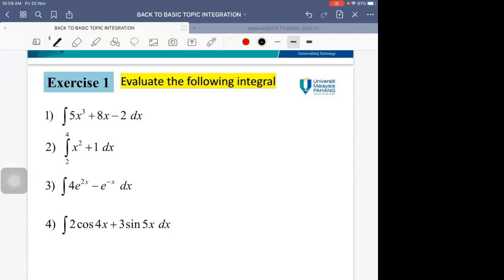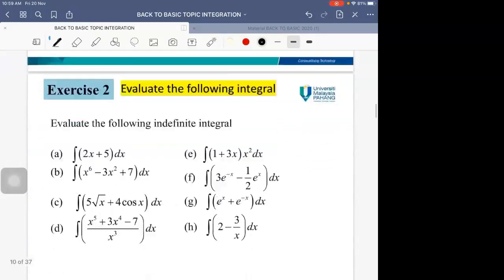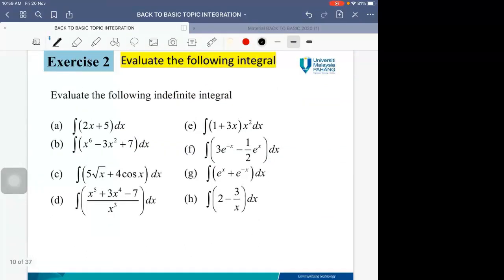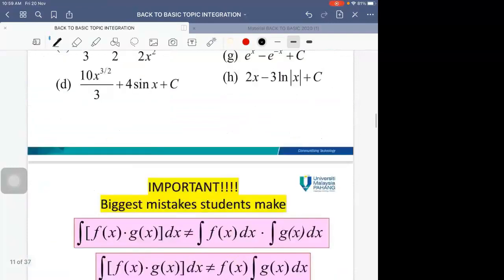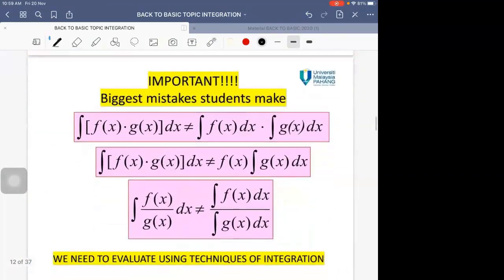This is very straightforward, just an exercise for you to recall your understanding of integration. I also give you another exercise, together with the answer. You may download these materials from your email. We already emailed you all the materials.